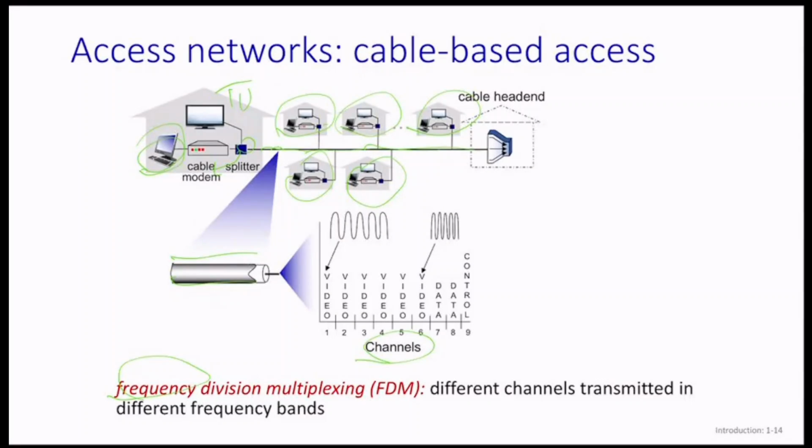The first one uses a lower frequency to transmit the video signals for the TV. The second part is some channels for data for the internet. And the last one is the control channel here, to schedule the different channels. And there is one technique to separate the video or data for different users, different homes.